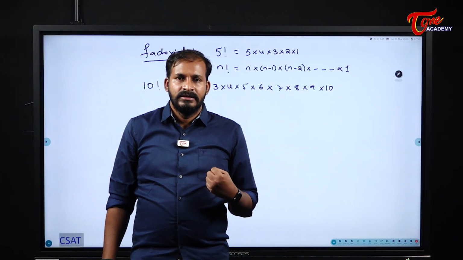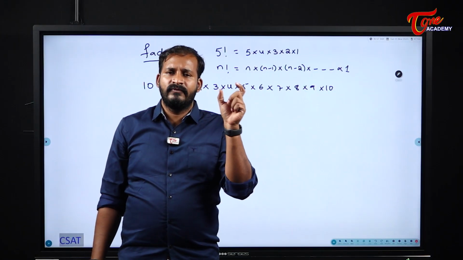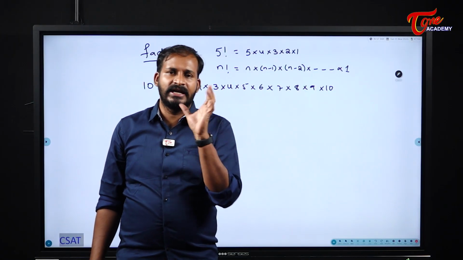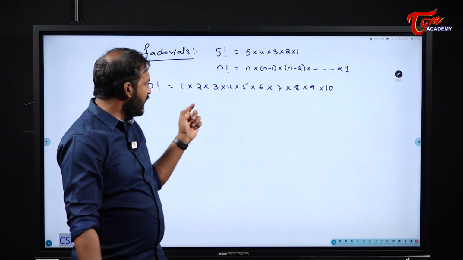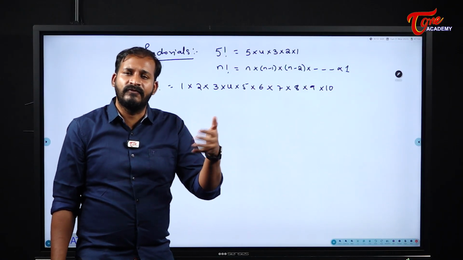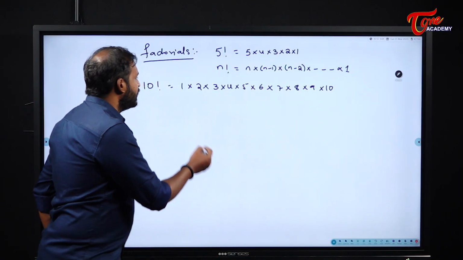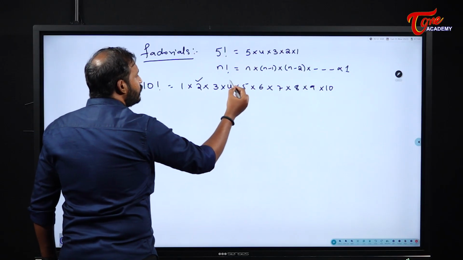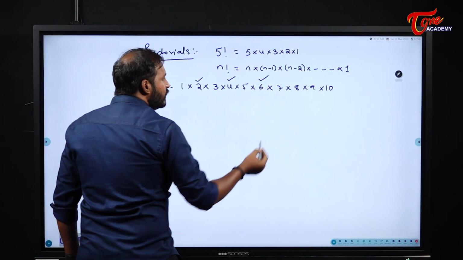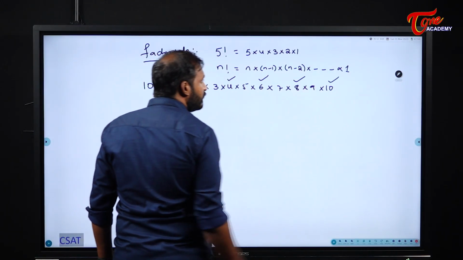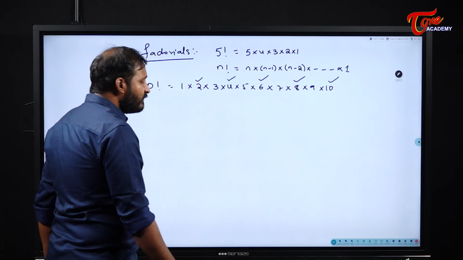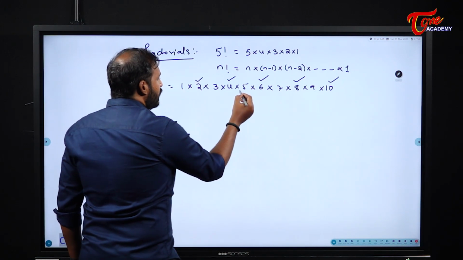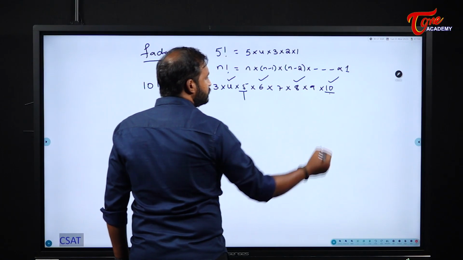But in the case of factorials we will have many 2's. Why? In 2 we have one 2, in 4 we have two 2's, in 6 one 2, in 8 three 2's, in 10 one 2. But when it comes to 5, we have one 5 here and one 5 here.